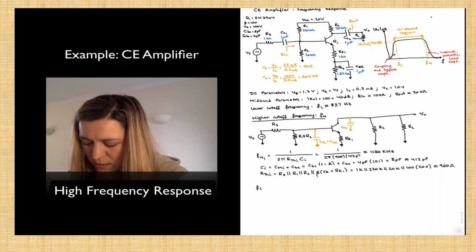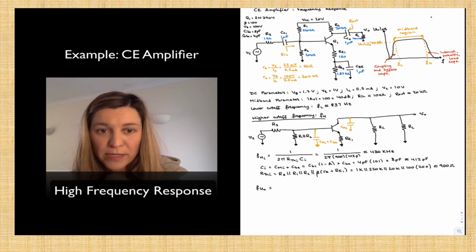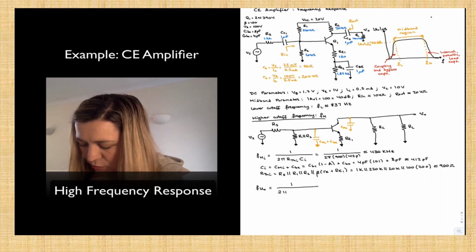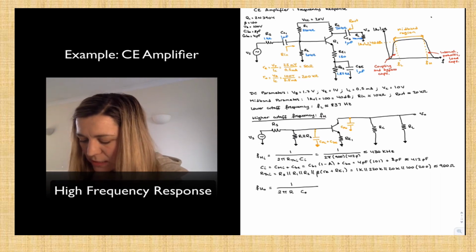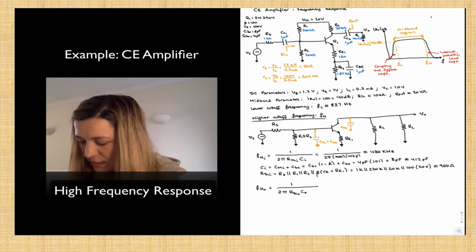And finally, my high cutoff frequency due to the output capacitance, FHO, could be a similar expression, 1 over 2 pi RC. In this case, C will be the output capacitance, and R will be the Thevenin resistance seen across that output capacitance.